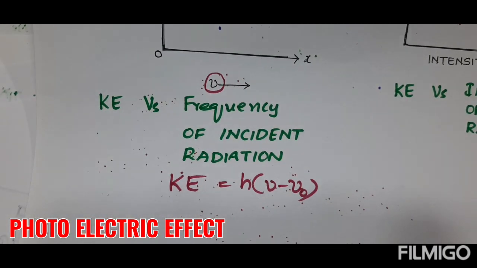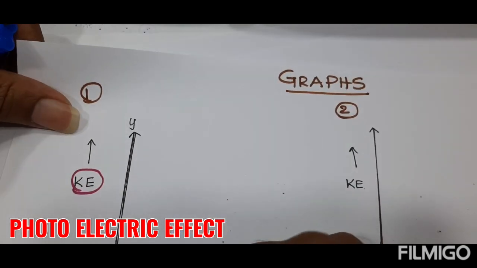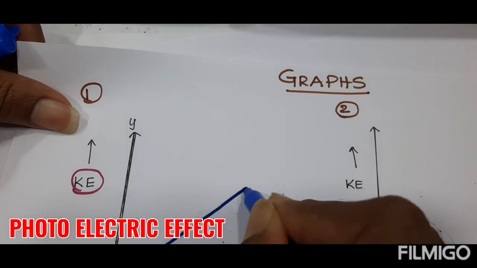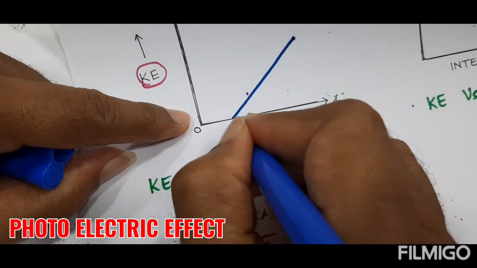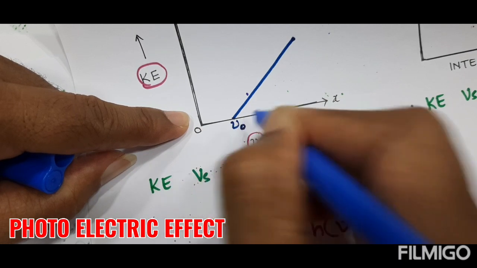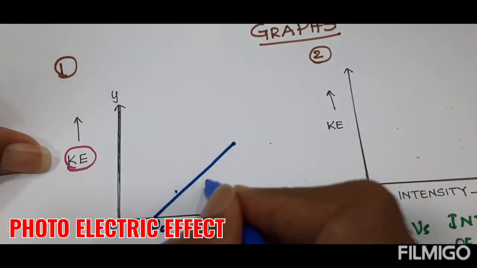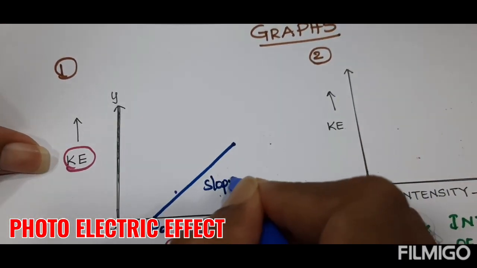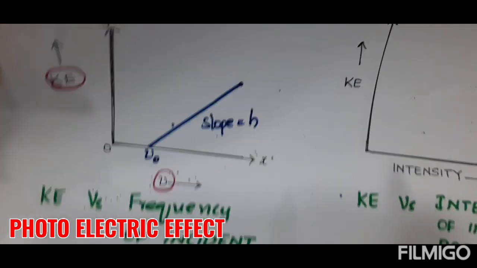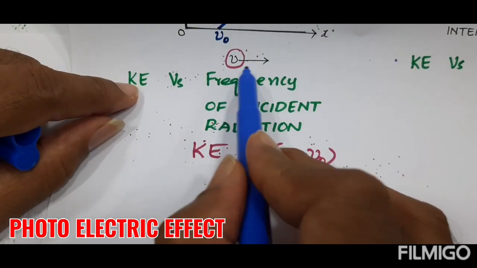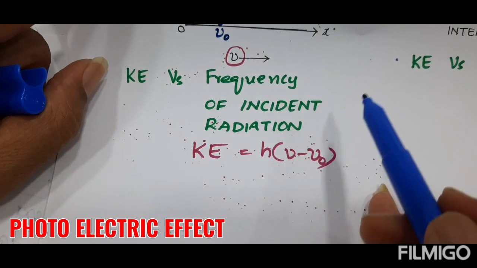Automatically slope is equal to h, Planck's constant. You are getting the graph like this. Right? Here is the nu naught and here the slope is equal to h. As the frequency increases, the kinetic energy of the photoelectron increases.